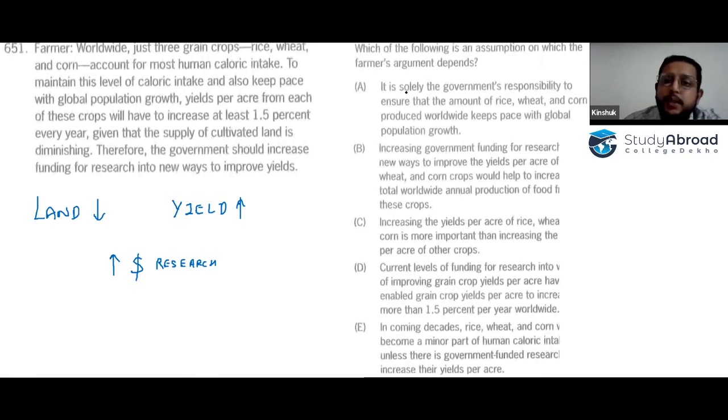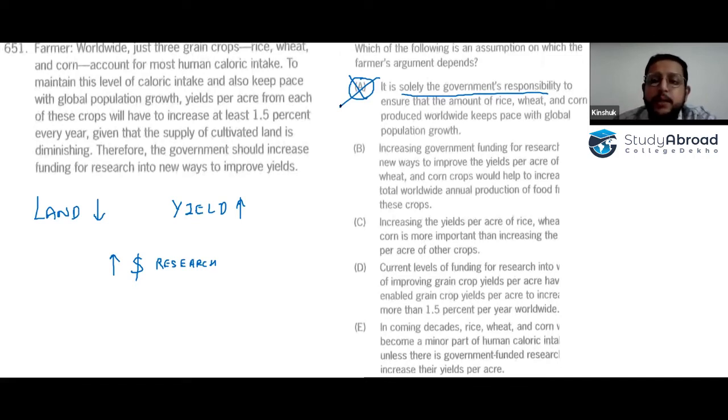Now see, in the end, author is asking that government should do the funding, but is it government's responsibility? Is that what it is going for? The answer to that is no. You may think that it may mean the same thing, but it is not the same thing. It is indirect. So anything that is indirect is less likely to be your answer. So answer choice A is out of the picture.